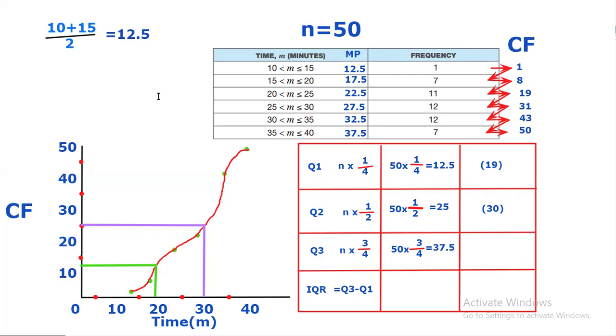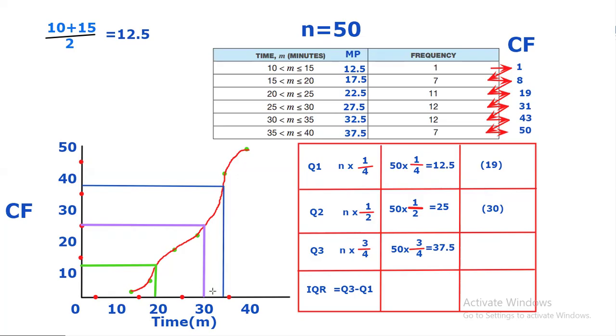Now, I go back to the diagram. I'll use a different color to find the Q3. So 37.5, which means this is 35, 37.5 is here. I go to the grid like this until the line stops me, and then I go back along the line. So let's say it's 34, which is over here, something like this.